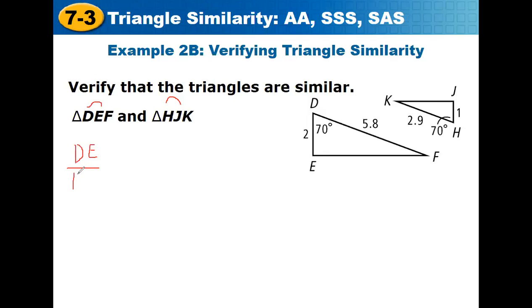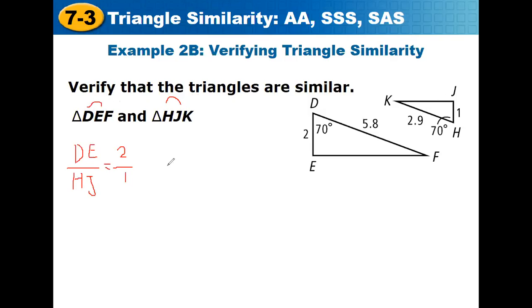DE was 2, HJ was 1. Second, if we want to work with EF and JK, we don't have the length here, so we will skip this one and look for another pair.